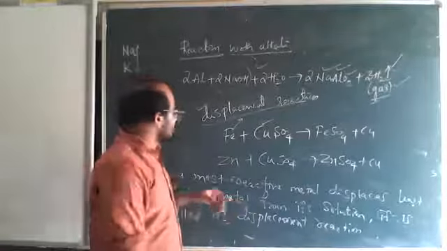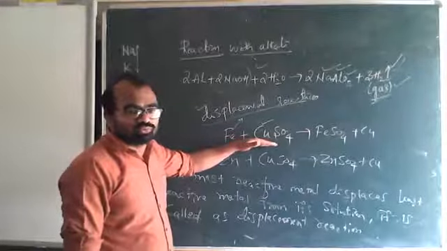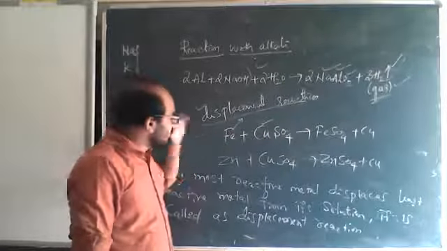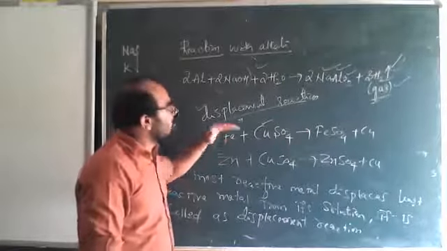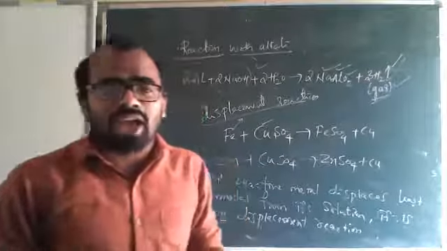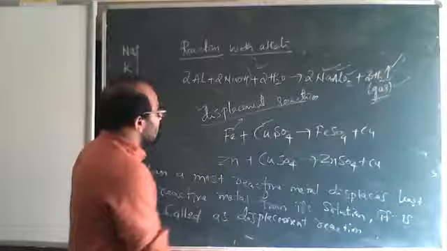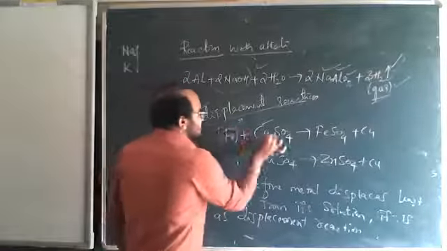In that reactivity series, Fe is above Cu. That means Fe is more reactive than Cu. Iron, Fe means iron. Iron is more reactive than copper. Zinc is more reactive than copper. Now what does iron do? It displaces Cu.